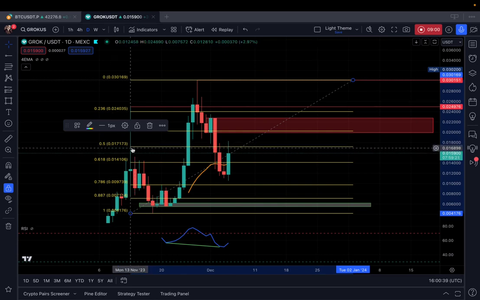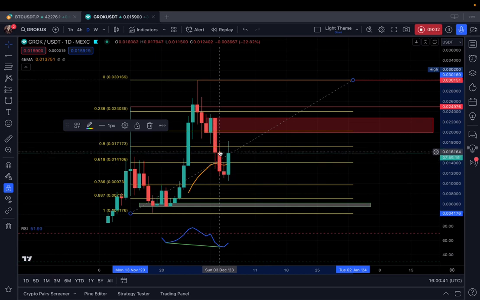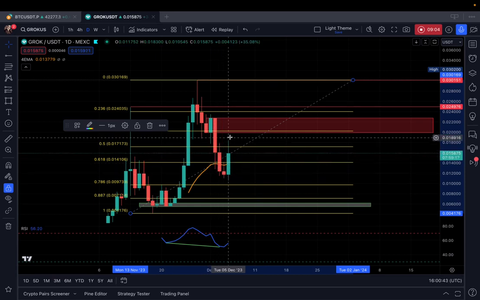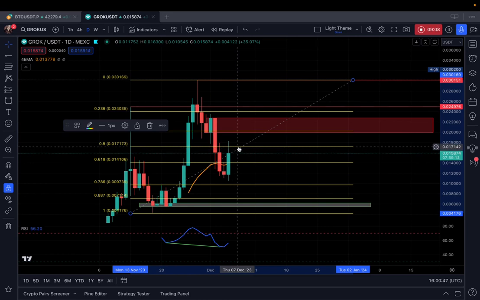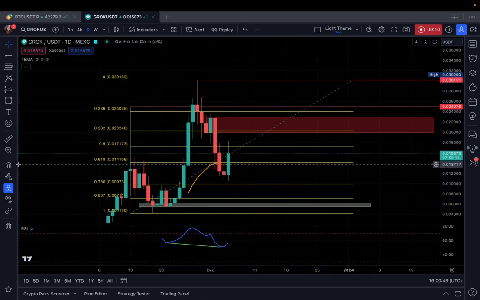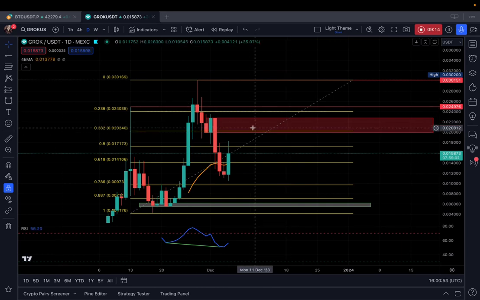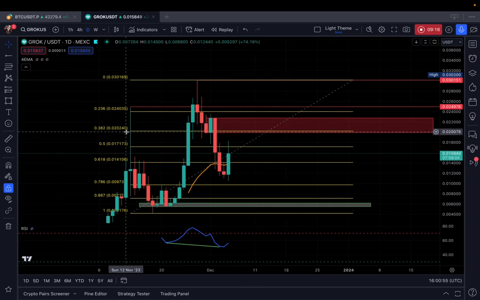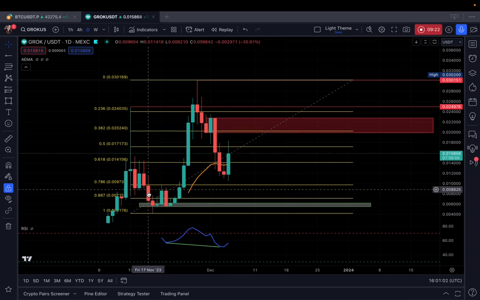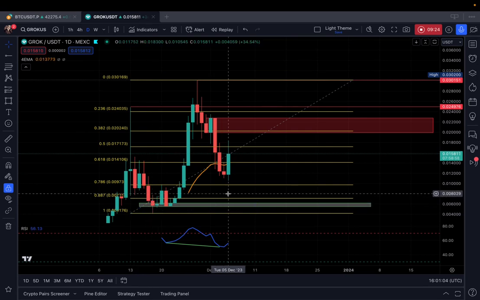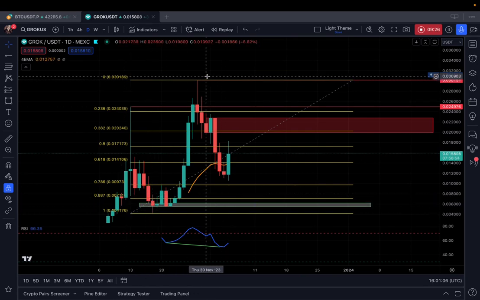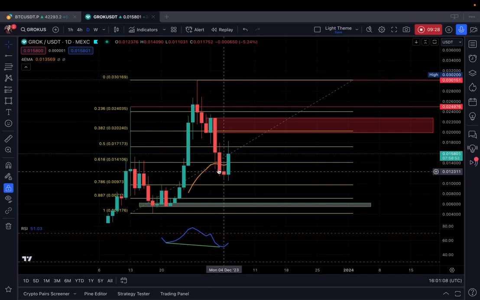as resistance. You can see that price tried to get above it once and twice. So this level is a level to watch. We also have an additional confluence with our supply zone, because the 0.382 fib retracement, which when we pull it from the left to the right, from the low to the high, gives us resistance levels.